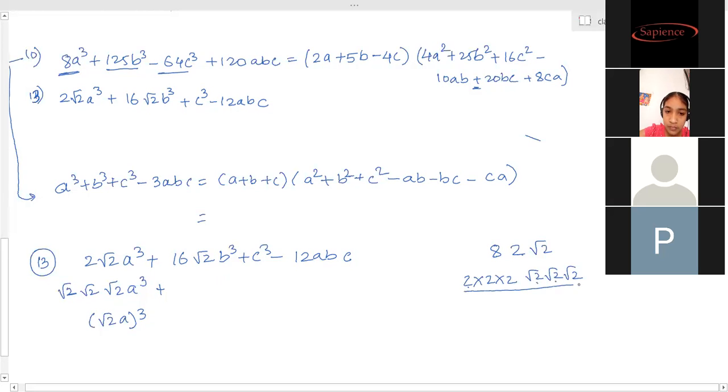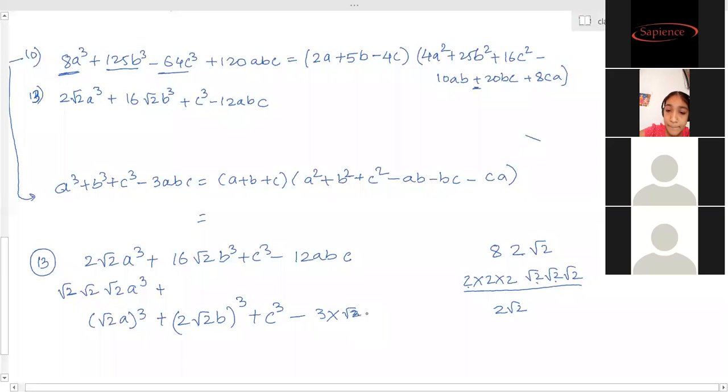So whose cube is this? 2 root 2b. So it will come plus 2 root 2b whole cube plus c cube. Now minus 3 into root 2a into 2 root 2b into c.